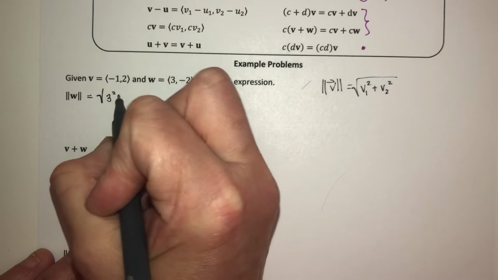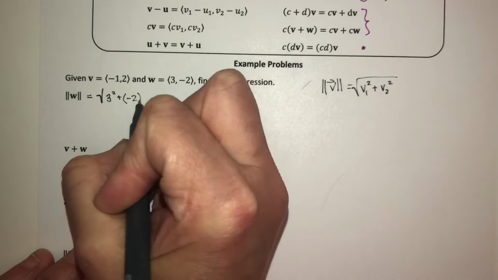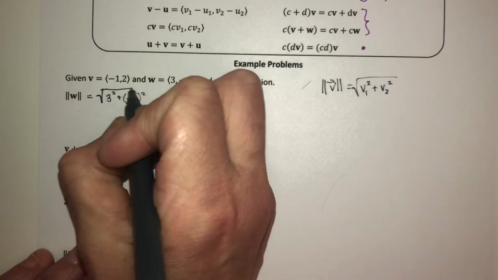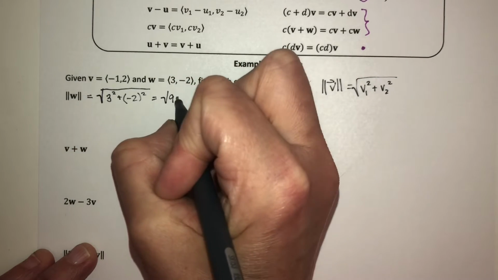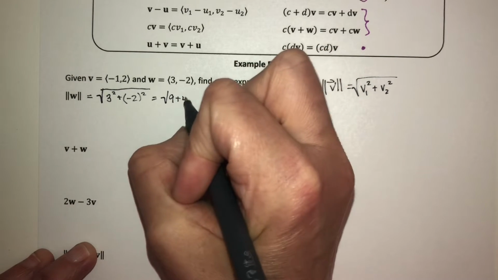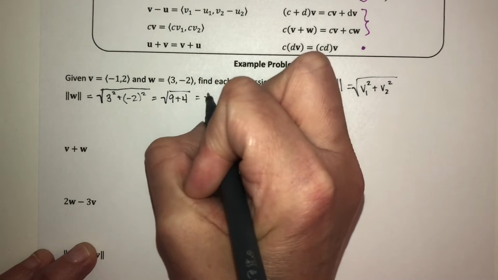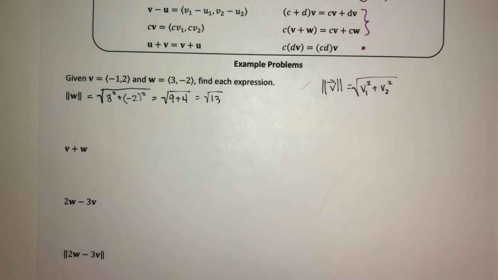So 3 squared plus -2 squared. So this is equal to the square root of 9 plus 4. So this is the square root of 13. Okay.